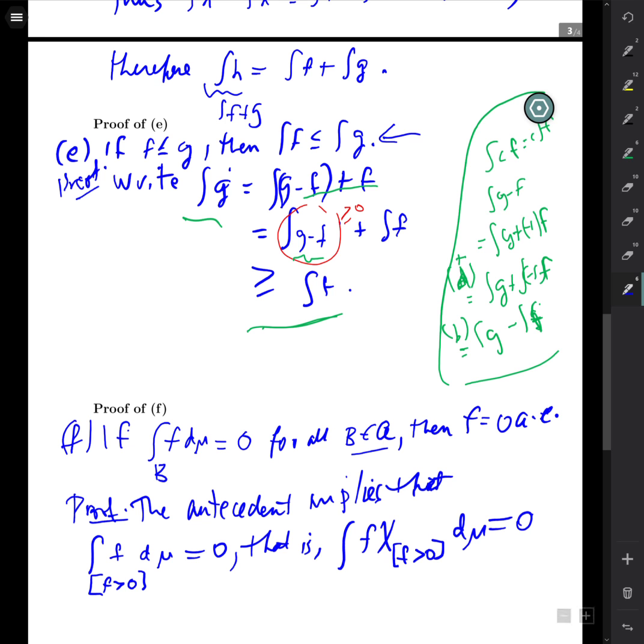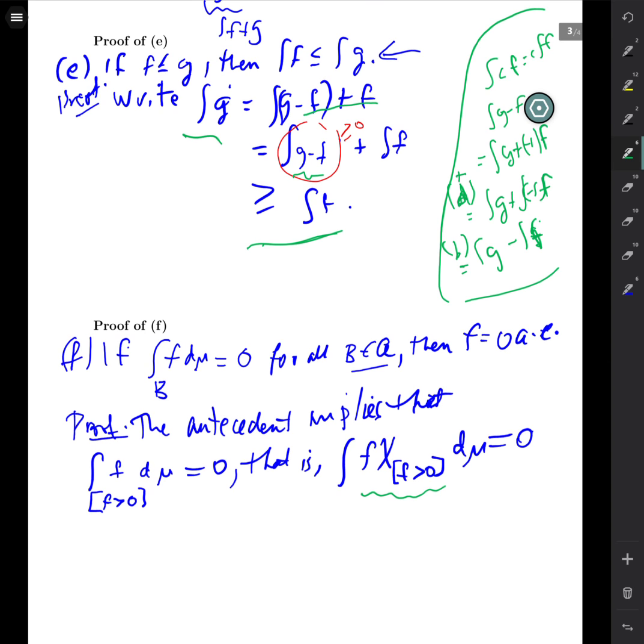Now, if that's true, what we have in hand here, that thing I've underlined, is a non-negative measurable function. In fact, it's actually positive.